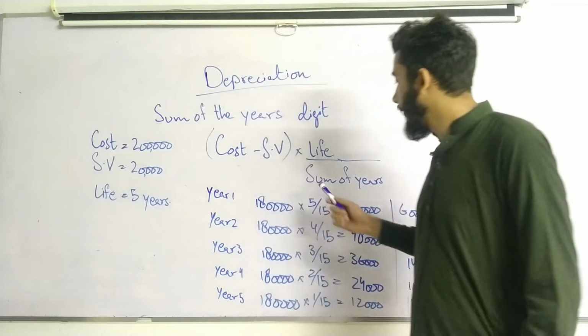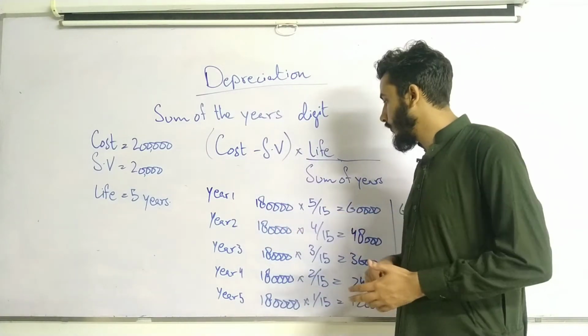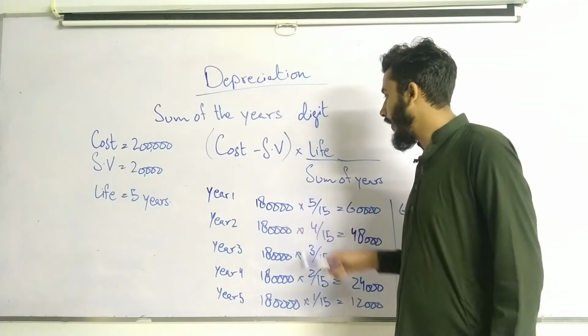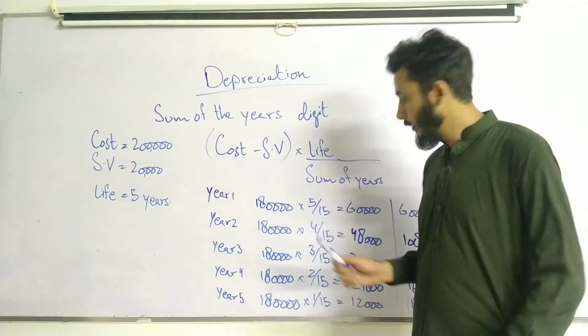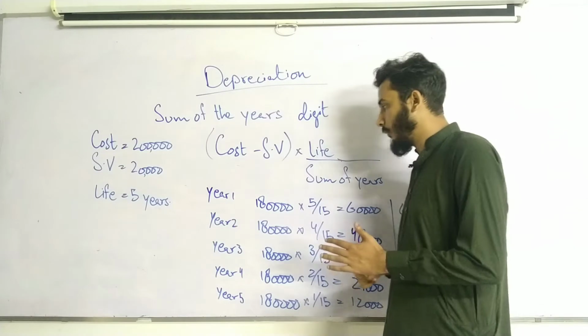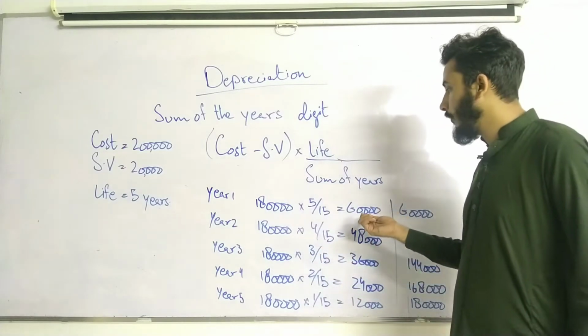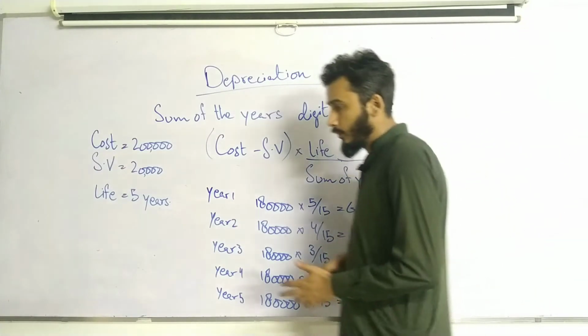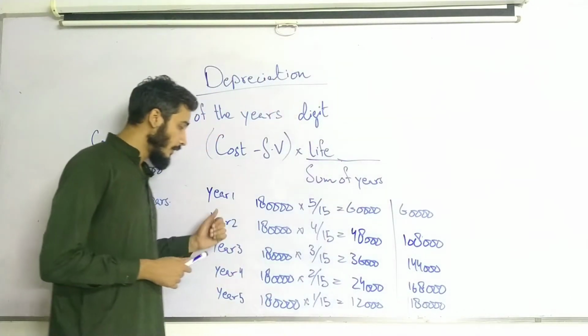So here the remaining asset is of 5 years. Therefore, we will multiply it with the life remaining and divided by the total sum of years. So here we have got 60,000, and the total depreciation shall be 60,000 as well.